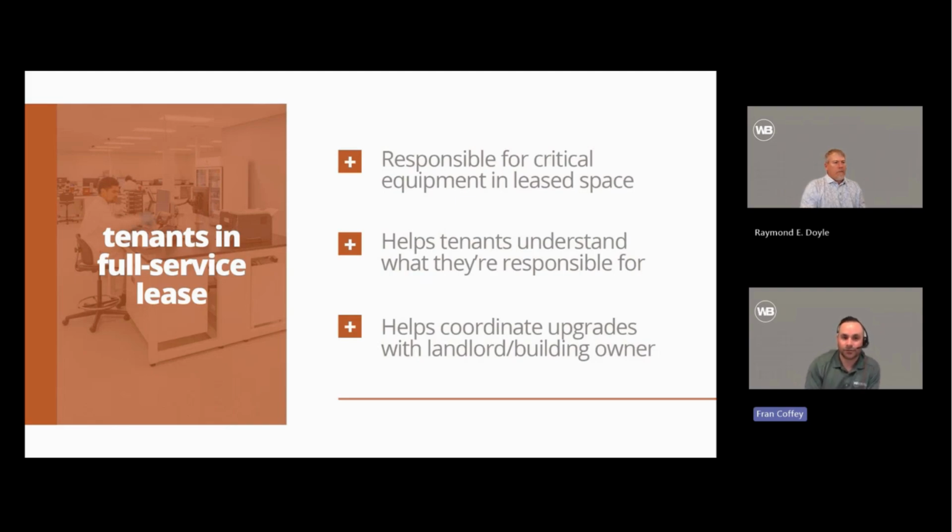A lot of times we'll see that the landlord and property management team will be responsible for the office space, where a little bit more of the critical spaces, IT rooms, lab spaces, a little more where there's some liability there. So to make sure that the tenant knows who's covering and who's planning ahead for what assets in that space.